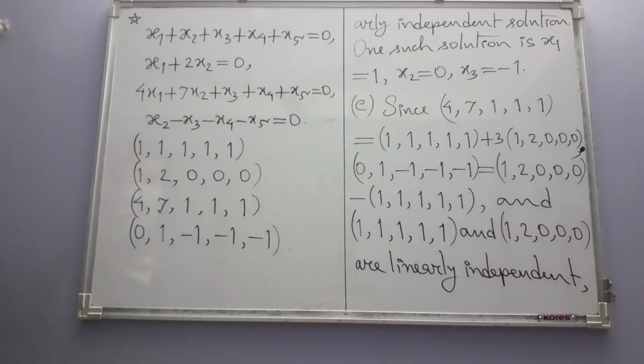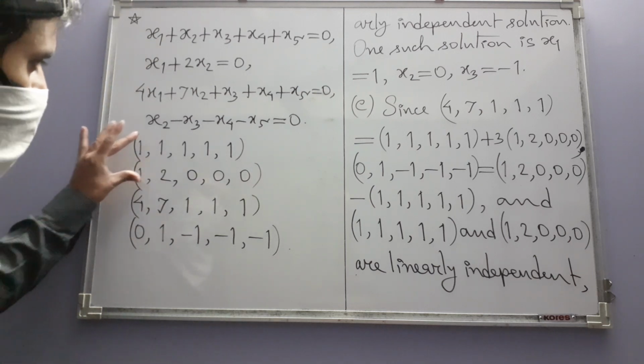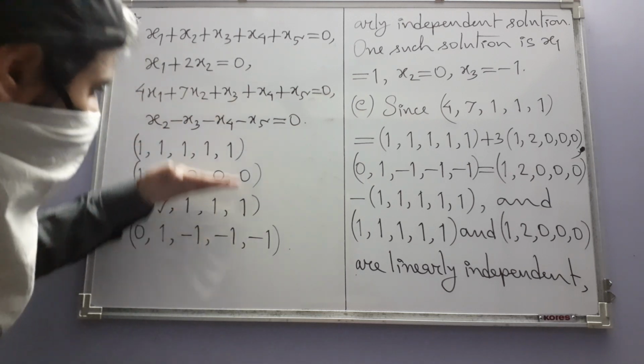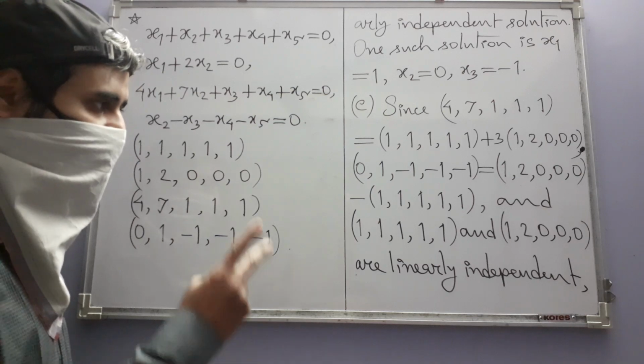So what is the conclusion? The conclusion is that these two vectors form a basis for the subspace that is spanned by these 4 vectors. Okay, so that's why in this case the rank is 2.